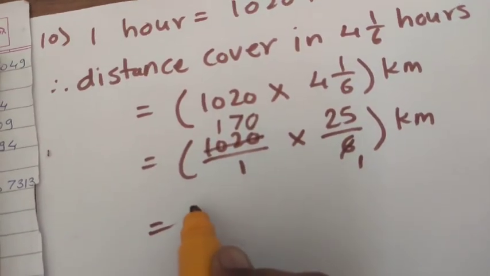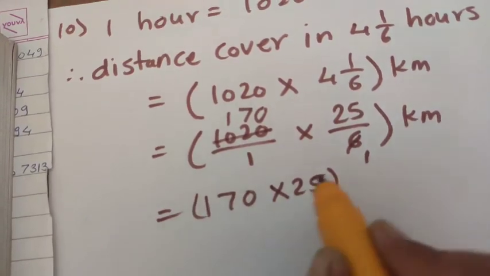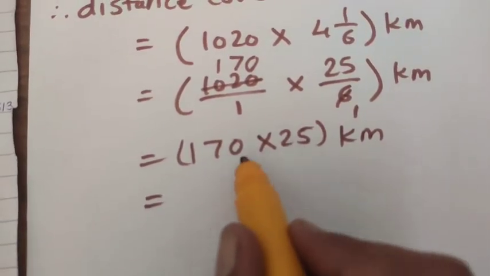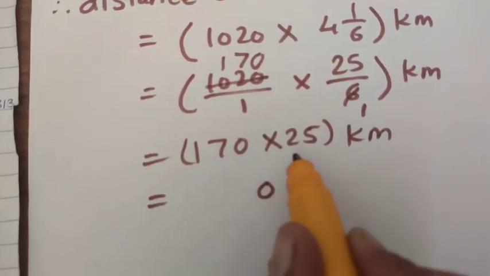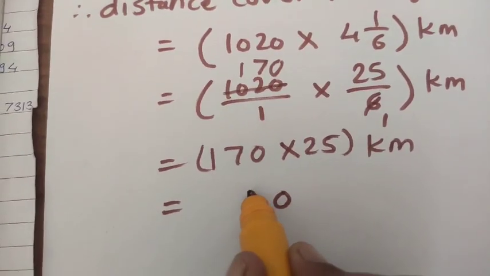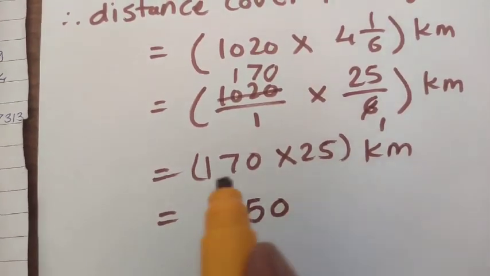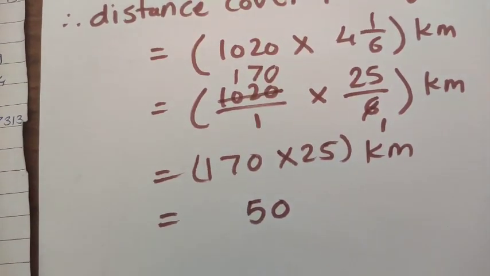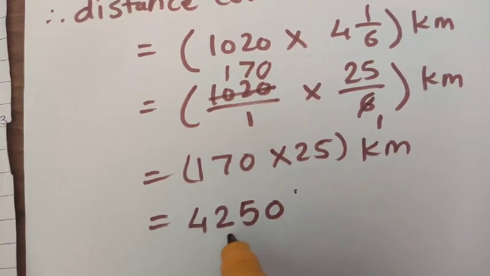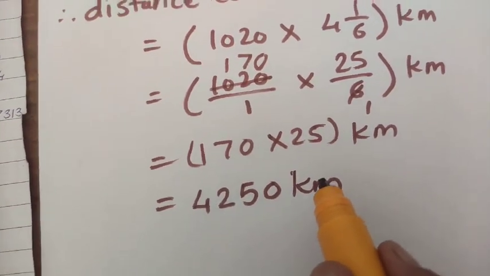So 170 multiplied by 25 kilometers. So you have to multiply this. 25 zeros are 0. 25 sevens are 175, 17 carry. 25 ones are 25 plus 17. 4,250 kilometers. So you have to write the statement.